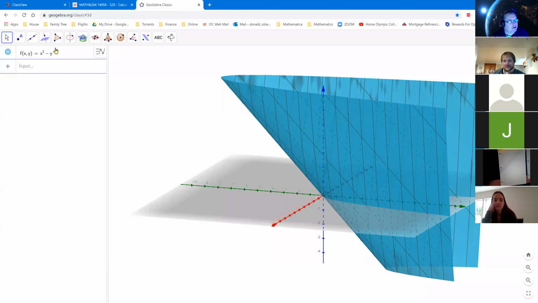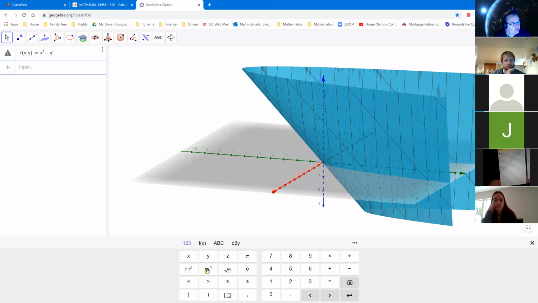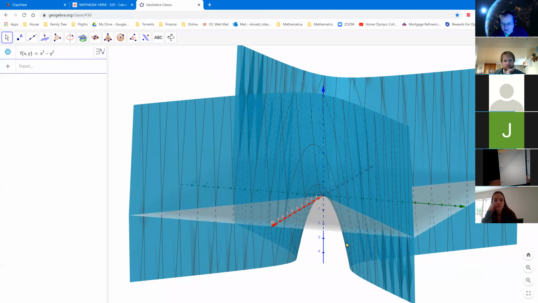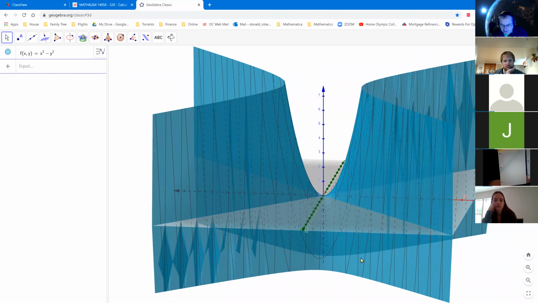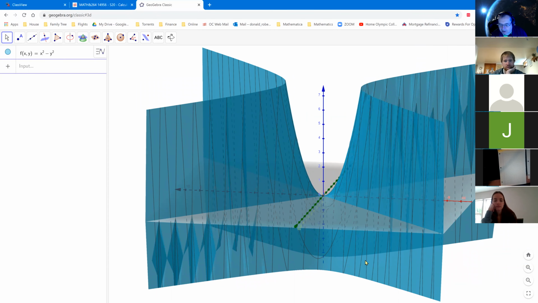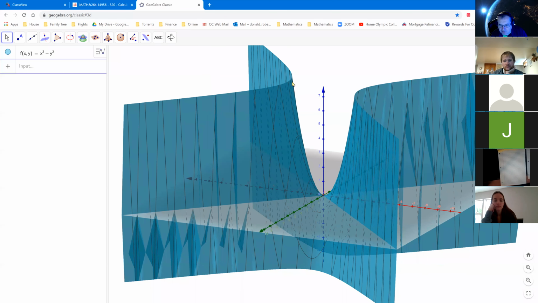Now, if I go back to this one and make it an x squared, and I click out and rotate it, if you haven't really got a good idea of a saddle point, can you see what it looks like? You notice you're coming down this way, that looks like you're at the bottom of a hill, which you are from that person's perspective.